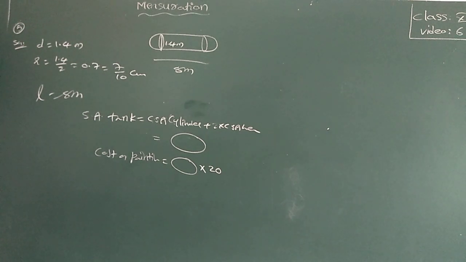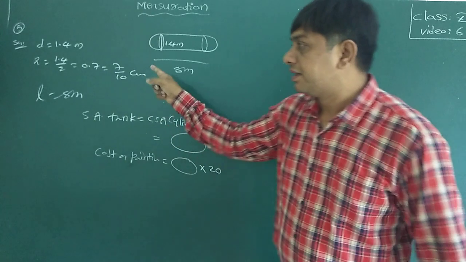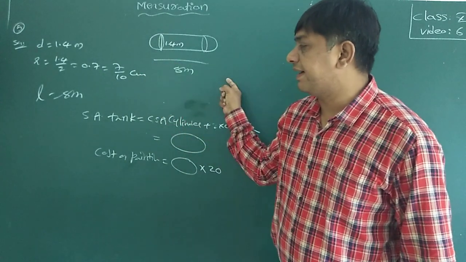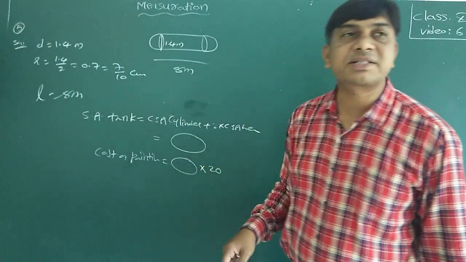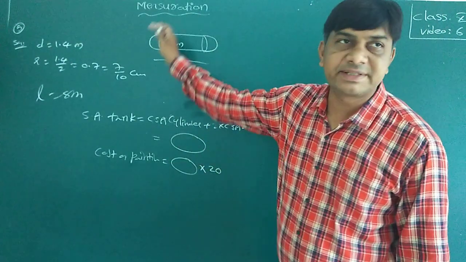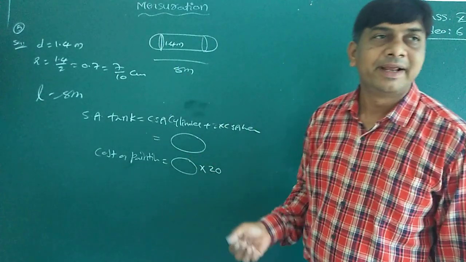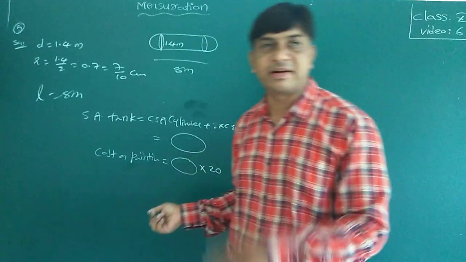Okay, hope you did that one. Now diameter they gave, radius, length they gave, surface area, cost of the painting they asked. The cost of painting is equal to surface area of the total solid into 20 rupees they gave as cost.